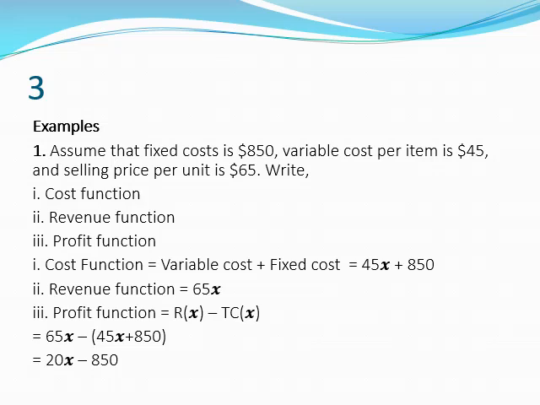The value of variable cost depends on the quantity of goods or services, so since x is unknown, the total cost function will be TC(x) equals 45x plus $850.